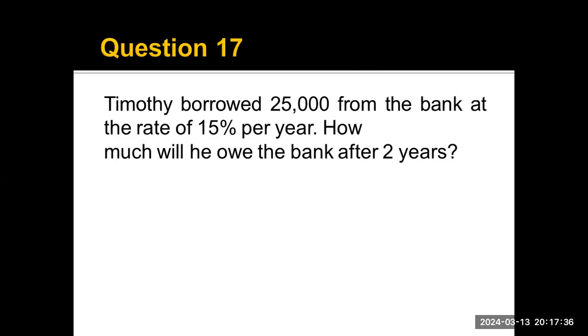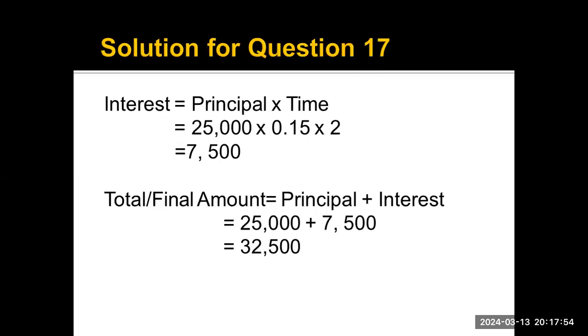Question number 17. Timothy borrowed 25,000 from the bank at the rate of 15% per year. How much will he owe the bank after 2 years? So this is my solution. The principal is 25,000 times the rate 15% times 2, and then your interest is 7,500.